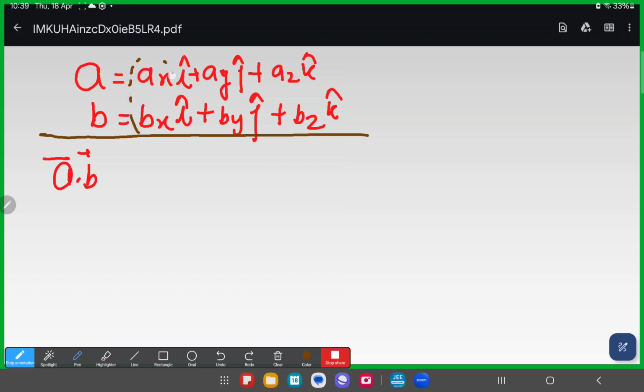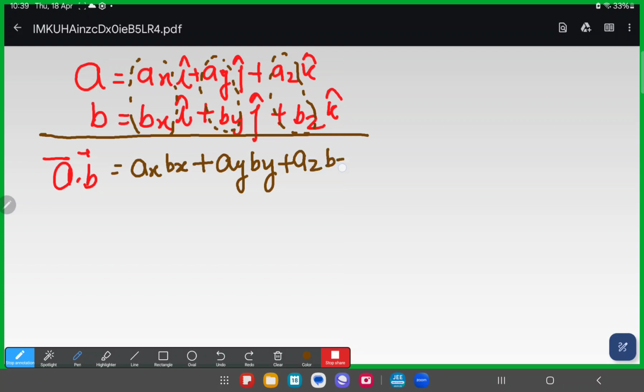You only have to multiply the corresponding coefficients: AX BX plus AY BY plus AZ BZ. This will give you the dot product.